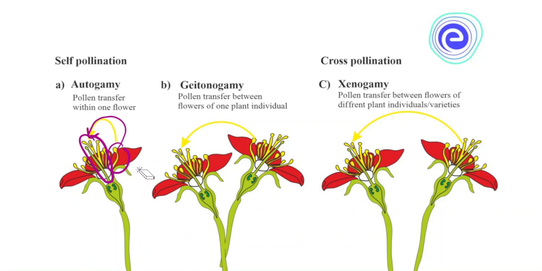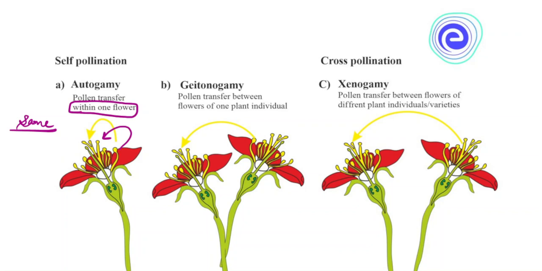The anther is of the same flower and the stigma is also of the same flower. Here they have written within one flower, within the same flower. That is known as self pollination.